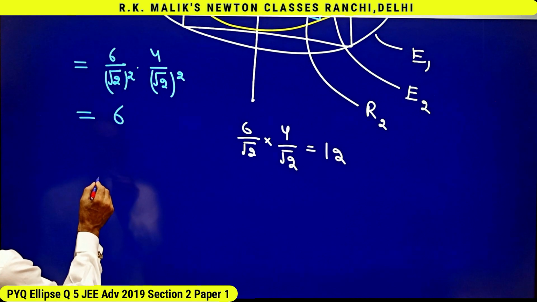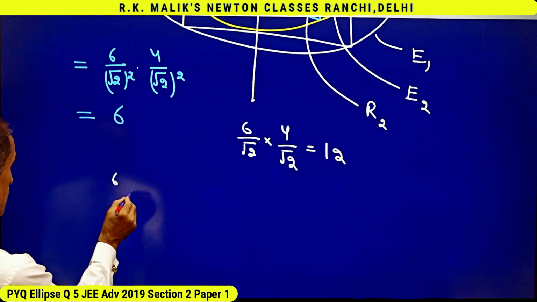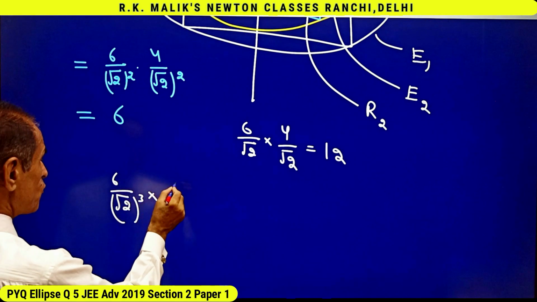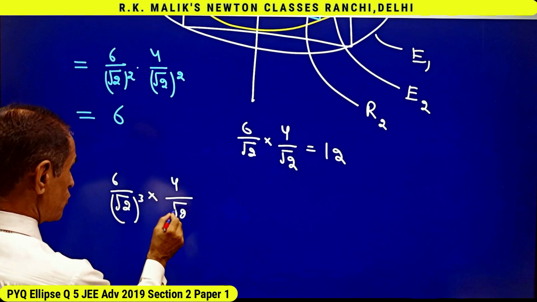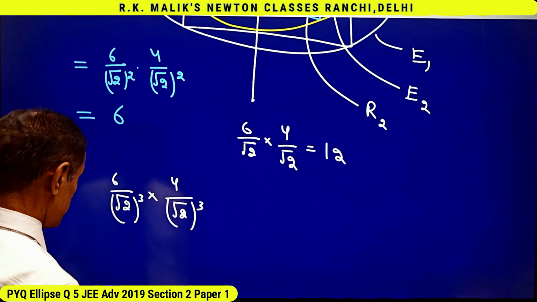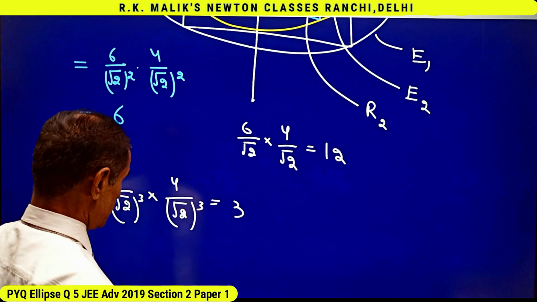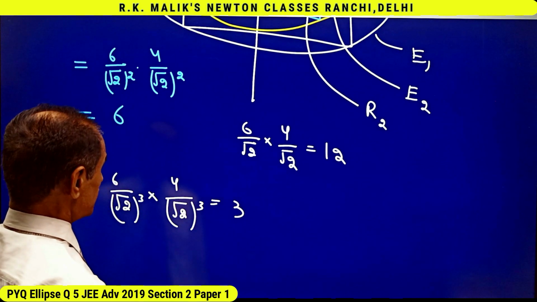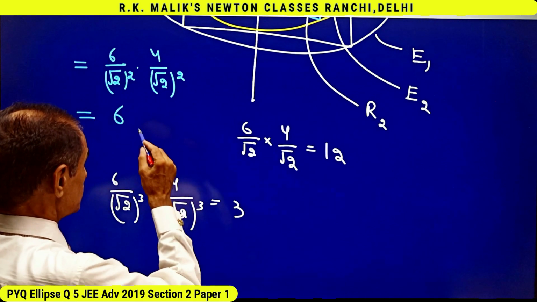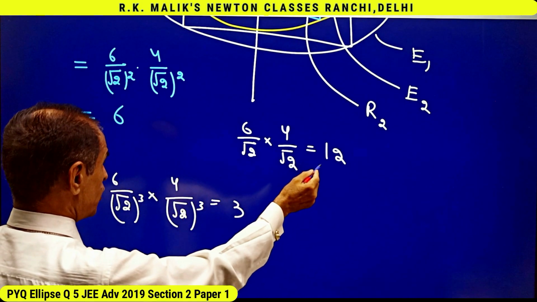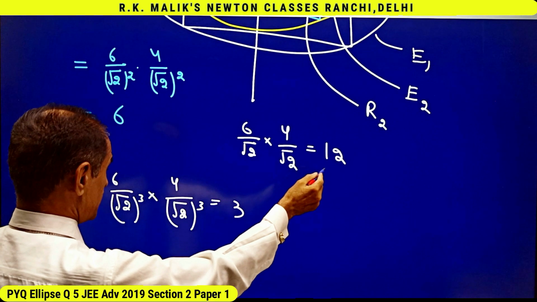Similarly, the area of R3 will become 6 by root 2 cube into 4 by root 2 cube, that is equal to 3. In other words, I can say the area of any rectangle is half of the area of the previous rectangle.